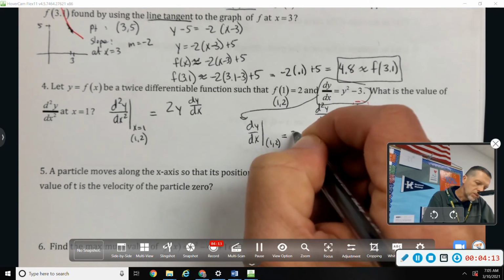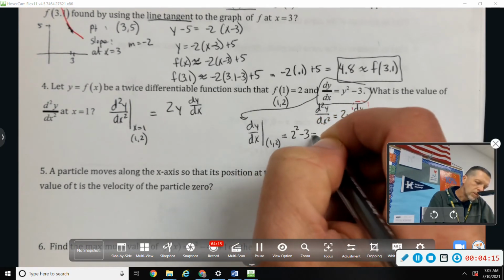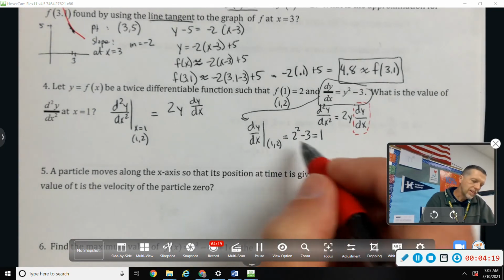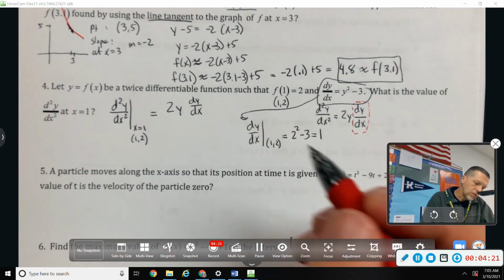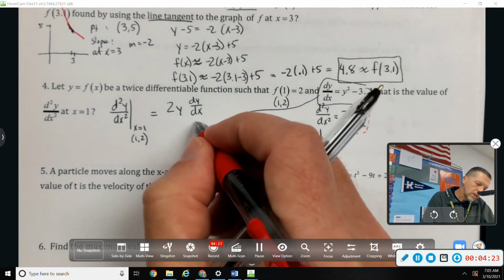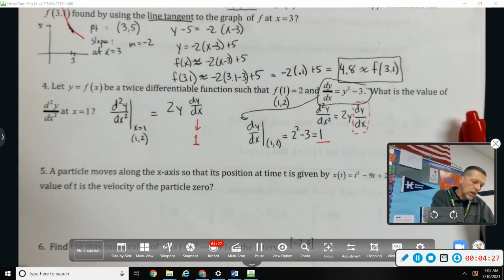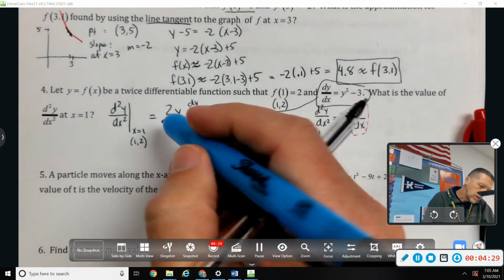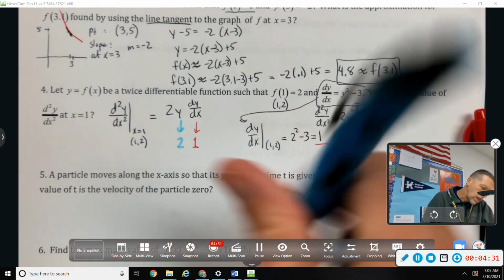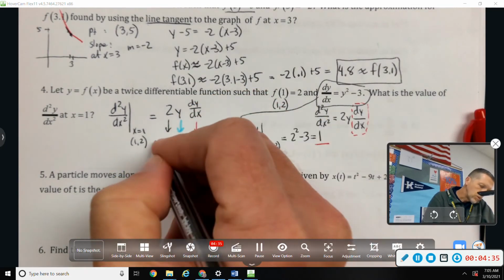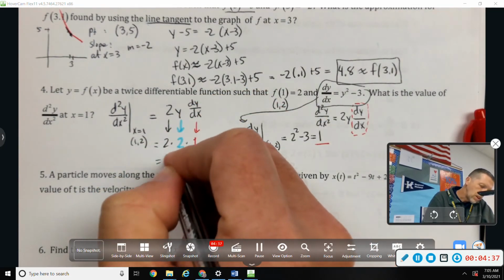So y is 2. 2 squared minus 3 is 1. So dy dx at 1, 2 is 1. Let's see. Y is 2. And then that 2 out front is still just 2. So 2 times 2 times 1 would be 4.